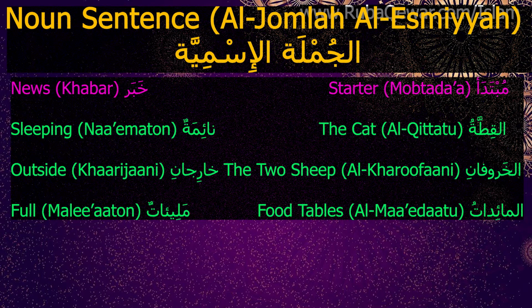مائدات. This is مبتدأ. Is it مرفوع منصوب or مجرور؟ مرفوع. What is the sign of it? ضمة. That's a ضمة. Try again. مائدات. Only ضمة? Hold on. For the مبتدأ, only ضمة is if it's singular.